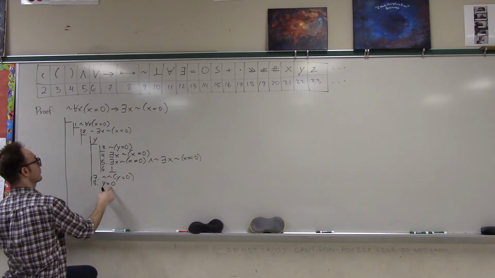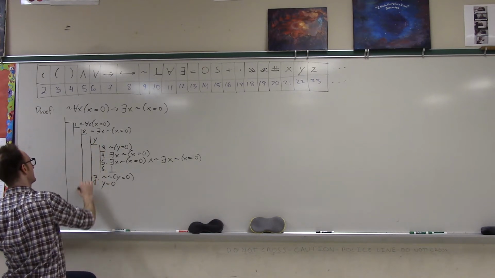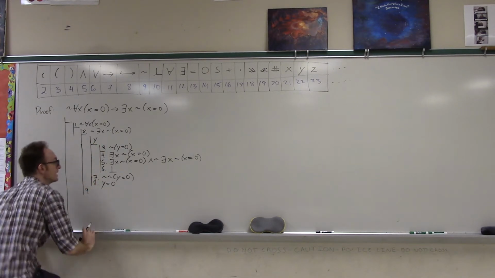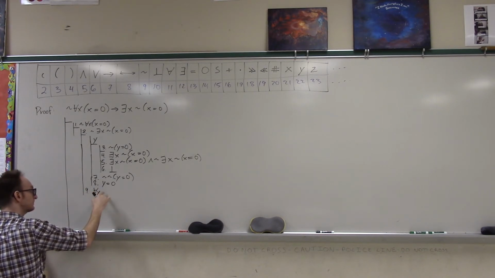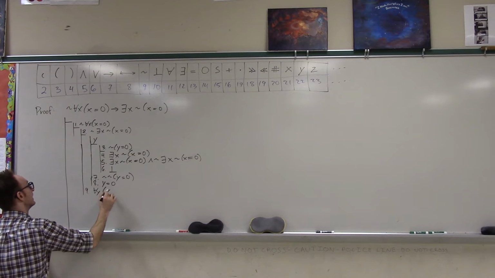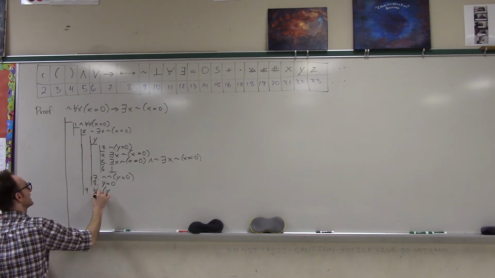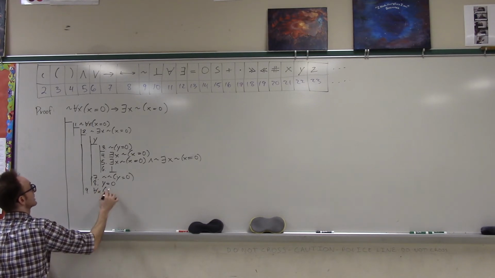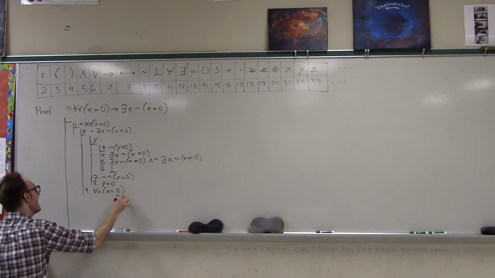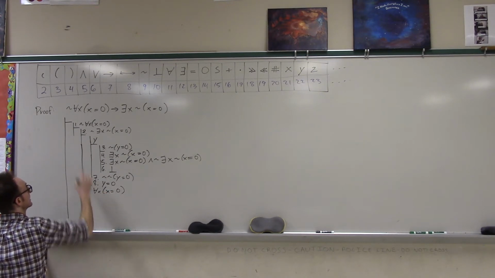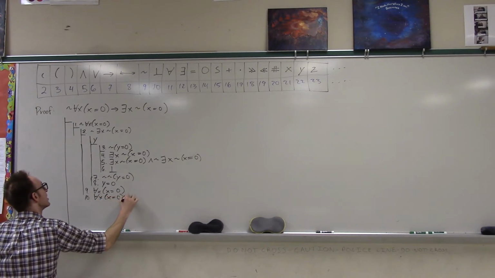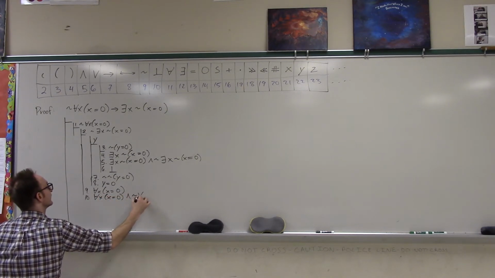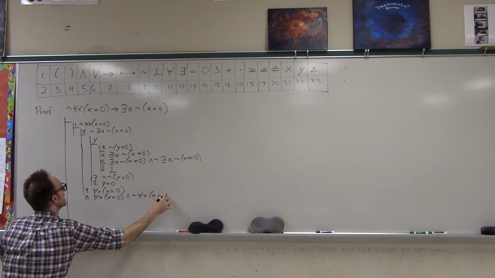But having proved that y is 0 from nothing, I now conclude that for all y, or for all x, x is 0, but that contradicts line 1, so I have for all x, x is 0, and not for all x, x is 0.